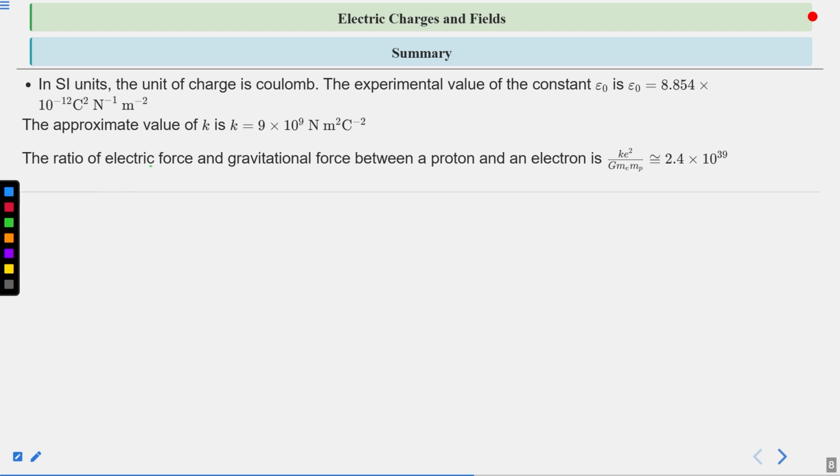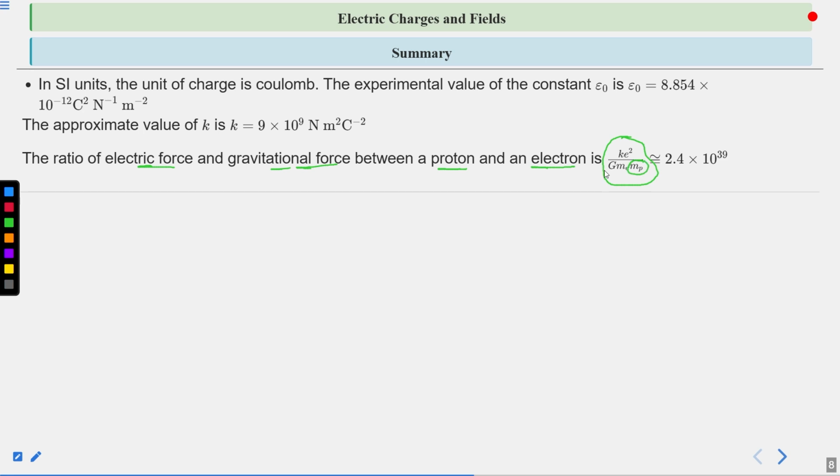And the ratio of electric force and gravitational force. In more detail about the gravitational force, we will learn in the gravitational chapter. So the ratio of electric force and gravitational force between a proton and an electron is K e square divided by G me mp, where me is what? Mass of electron. mp is mass of proton.